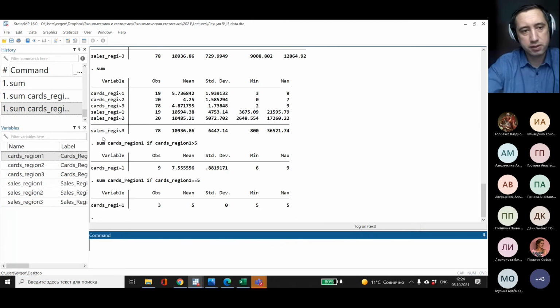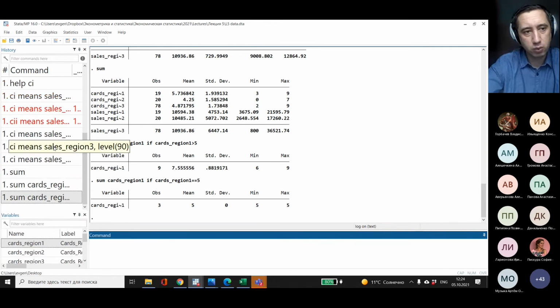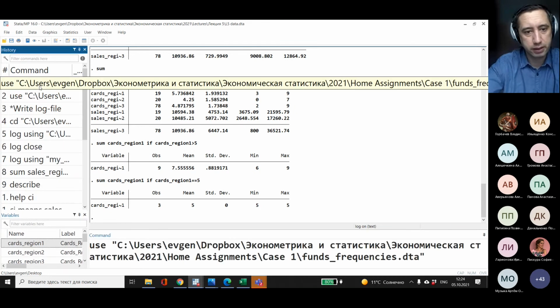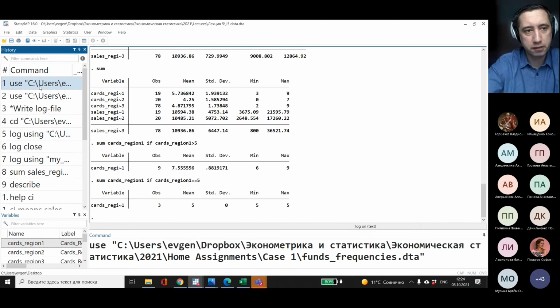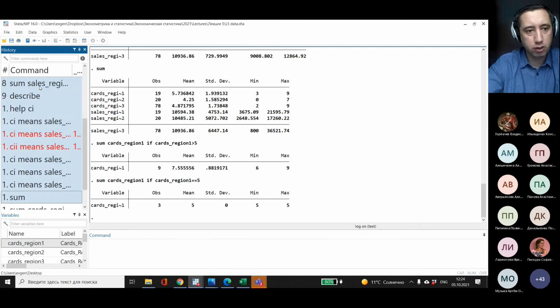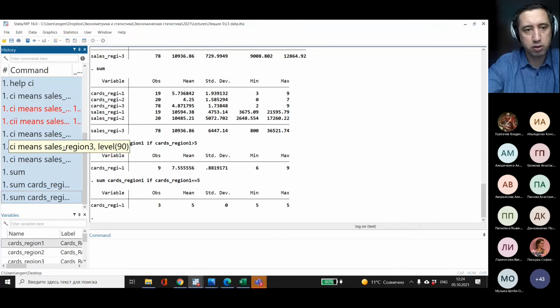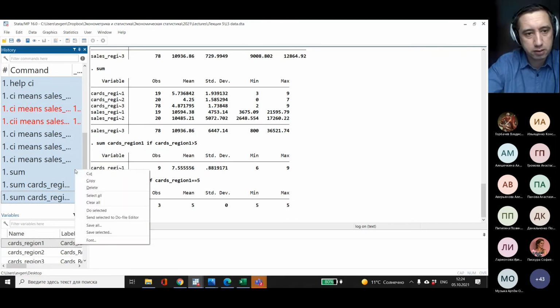Next, now imagine that we calculated all of this and we want to save our work. How to save our work? First, select all your commands in your command line, click this button, and use send selection to the do file editor. Let's do that.